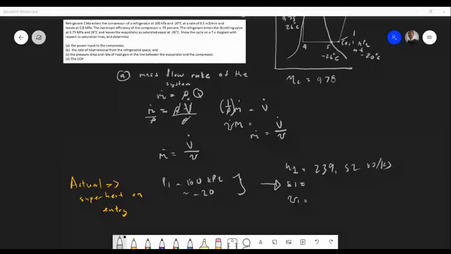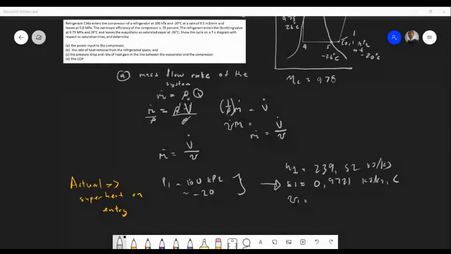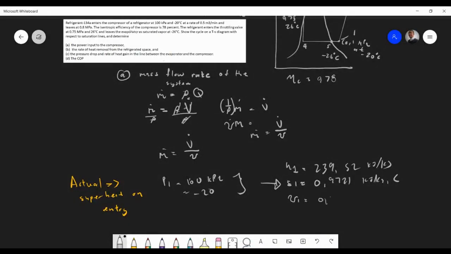S1, sorry about that, is 0.9721. And of course our specific volume is 0.19841 meters cubed per kilogram.